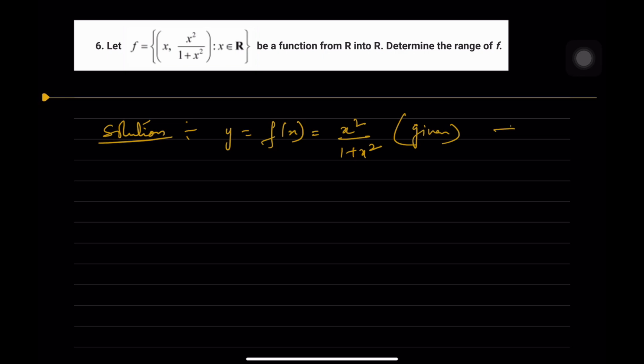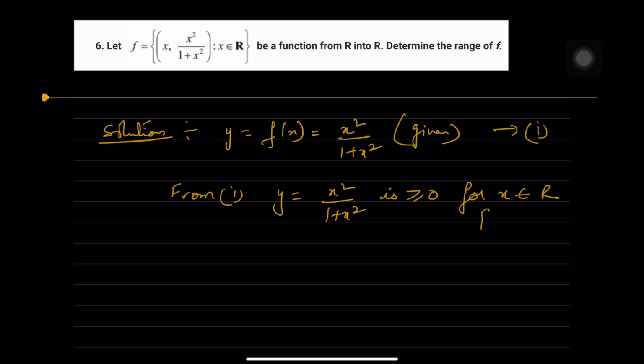If we take this as equation 1, then from 1 we have that y is equal to x square by 1 plus x square is greater than or equal to 0 for x belongs to R, since over here x square is greater than or equal to 0.